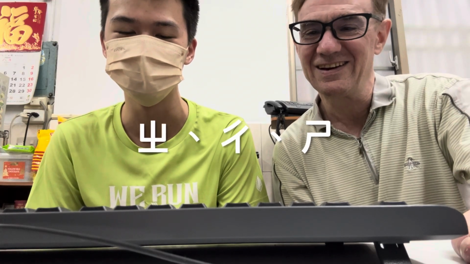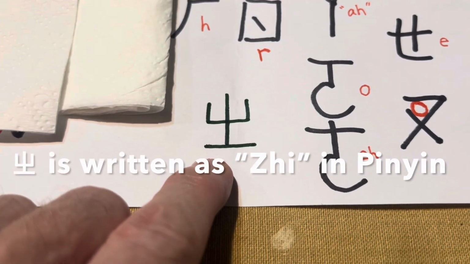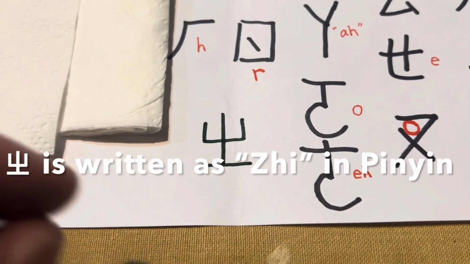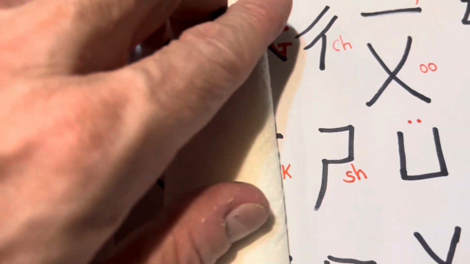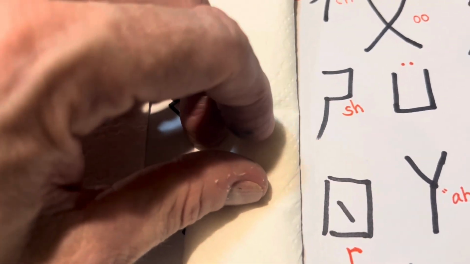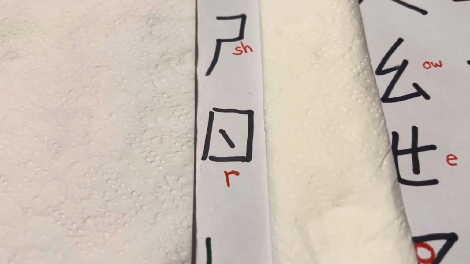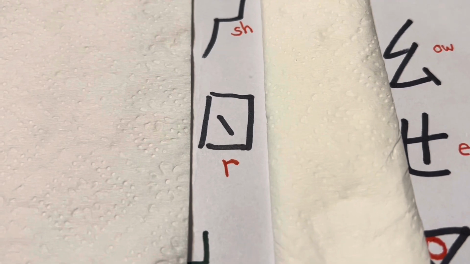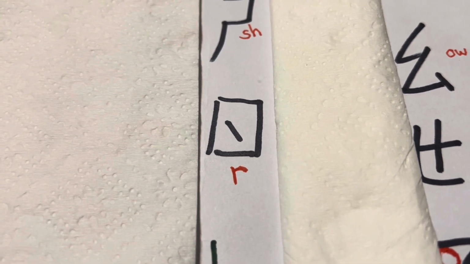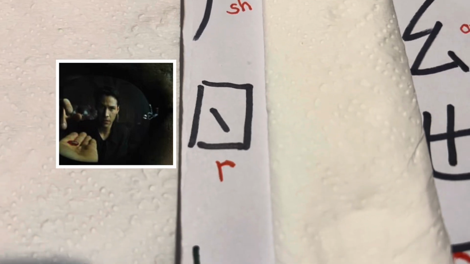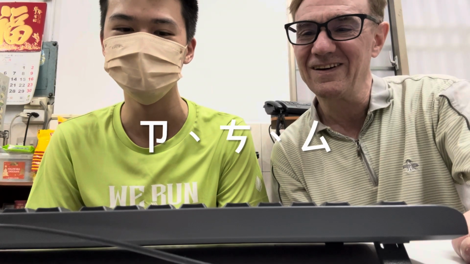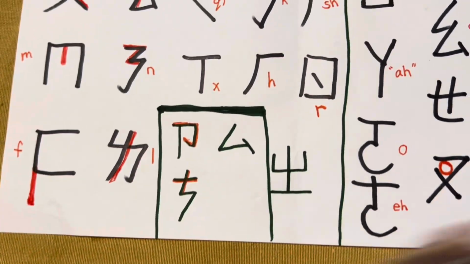Zh, ch, sh. Jr, it's almost like JHR. Jr, ch, sh, r is like the R sound, but you're curling your tongue a little bit more. Maybe you can think of a pill inside a box, a red pill. Z, c, s.